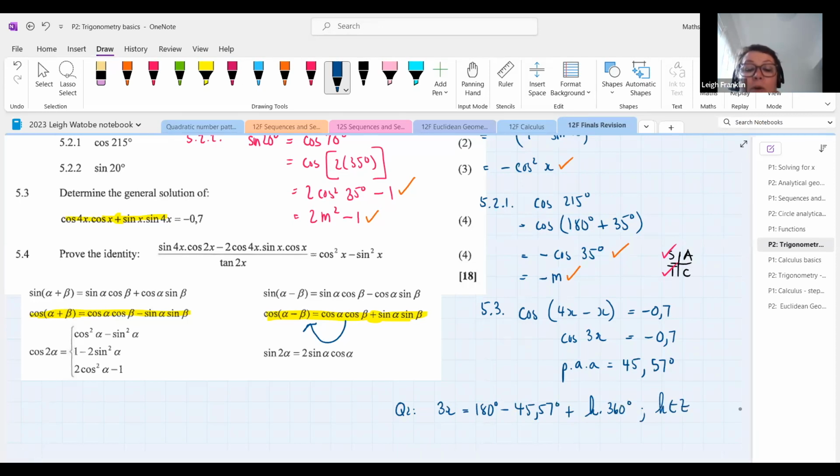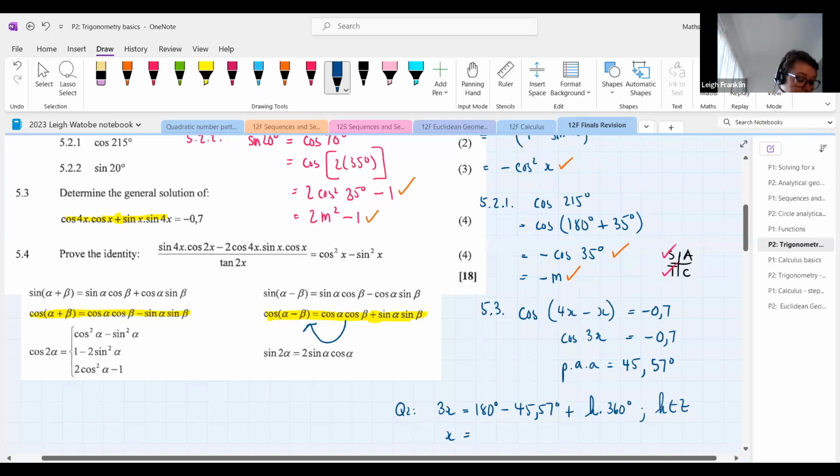Then we can go ahead and solve for x. That would be 180 minus our 45,57, and then we've got to divide our answer by 3.